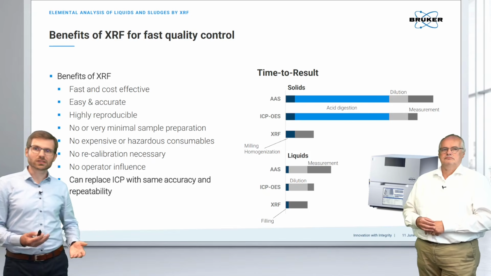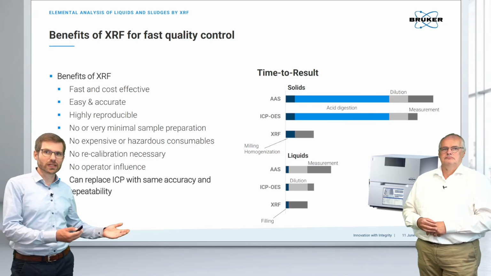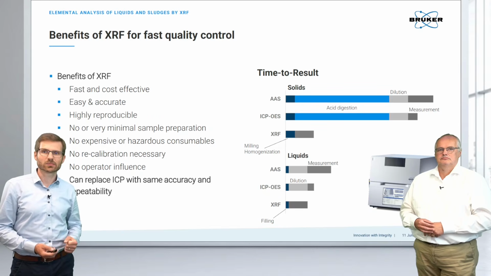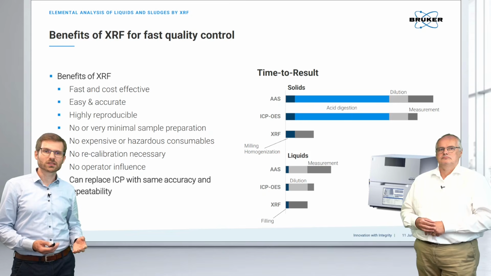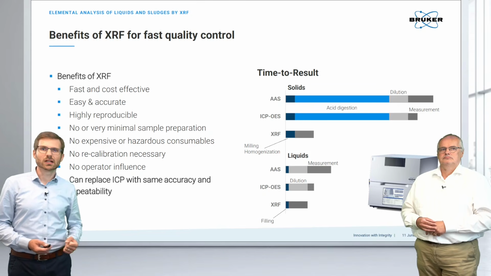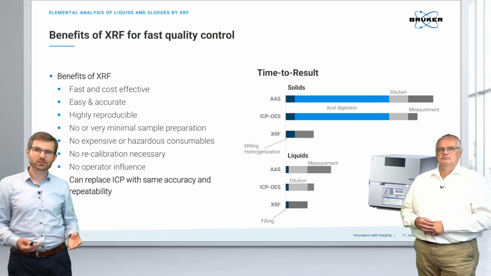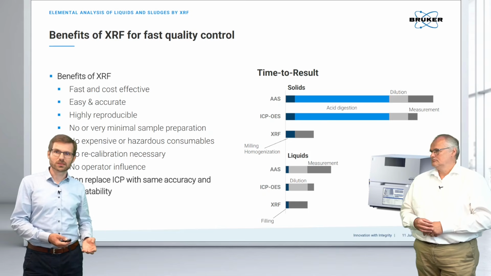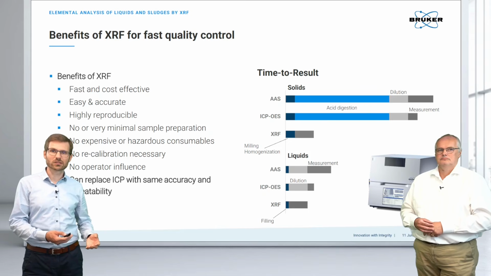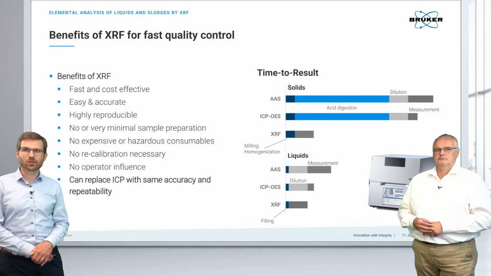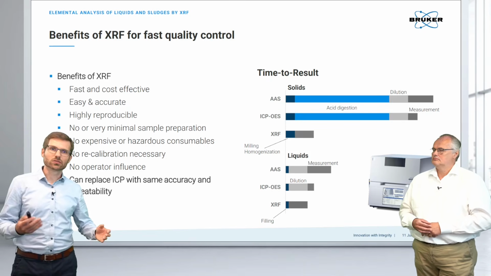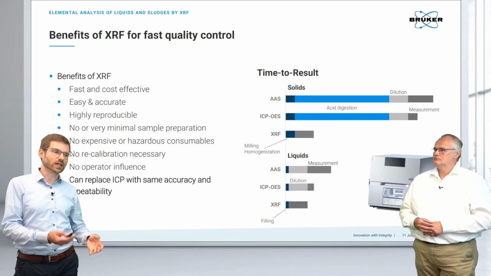That all results together, what Kai explained in the beginning and what I now explained about sample preparation, that there are some significant advantages versus methods like ICP-OES, where we have to digest the sample and dilute the sample before we can analyze it. So XRF overall allows you to measure the sample quite quickly after sampling.